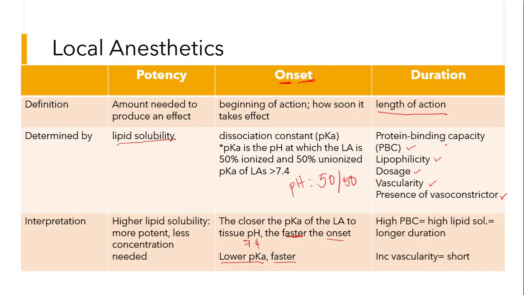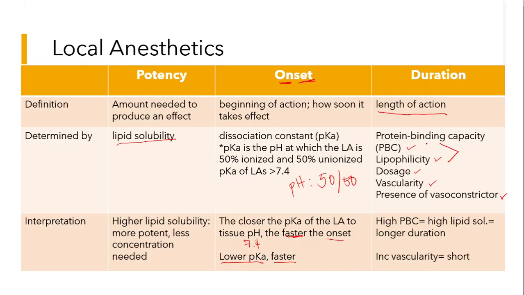Okay. So how do we interpret these things? When we talk about protein binding capacity, it is the ability of your local anesthetic to bind to protein molecules and insert themselves in the membrane. Okay. So local anesthetics with high protein binding capacity would also mean that they are highly lipid soluble. So these two go hand in hand.